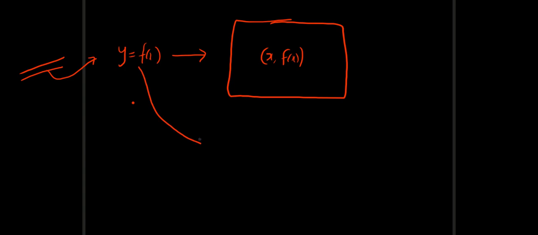So we are looking for an alternative. The alternative is nothing but the slope of the tangent, because the tangent can decide whether a function is increasing or decreasing, or whether the function is at a maximum point or minimum point.